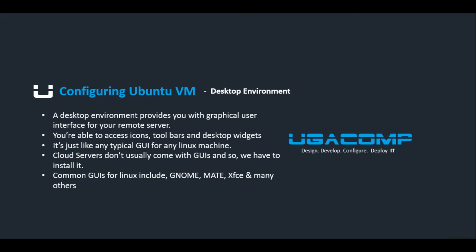It's just like any graphical user interface for any Linux machine. Cloud servers don't usually come with graphical user interfaces, and so we have to install one. Common graphical user interfaces for Linux include GNOME, MATE, XFCE, and many others.